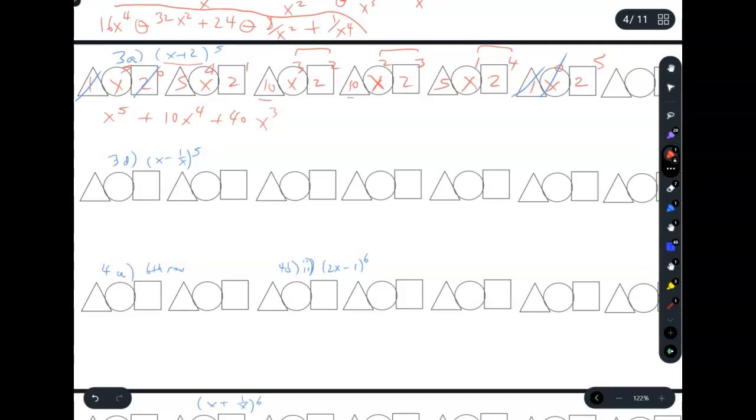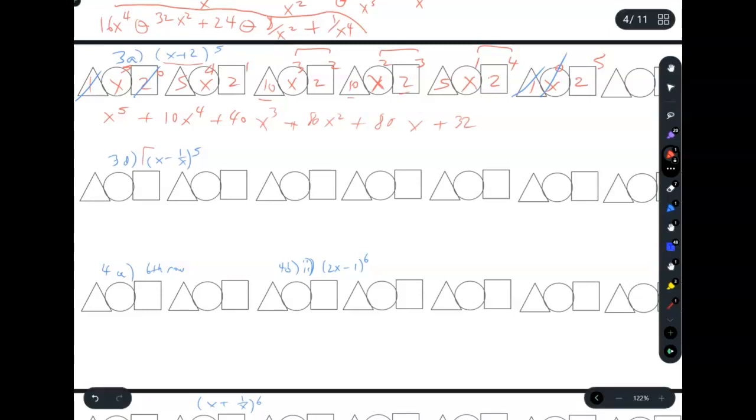And then 10 times 2 cubed, by the way, is 8, so that would be 80, x squared. 5 times 2 to the 4th. 2 to the 4th is 16. 5 times 16 is 80, I think. Yeah. 80x. And the next one is 2 to the 5th. 2 to the 5th is 32 because 2 to the 4th is 16. Okay, so there's my answer for the 3A.